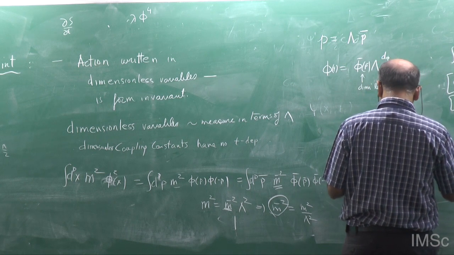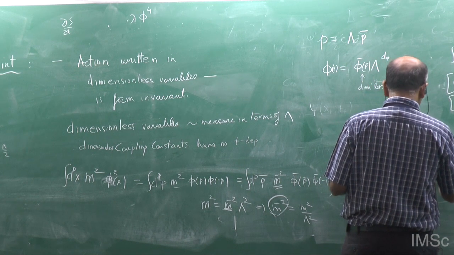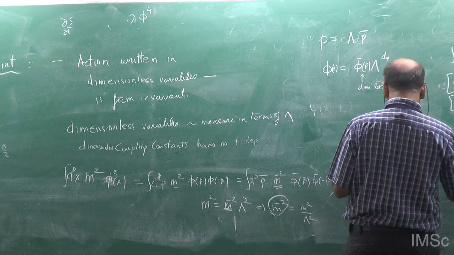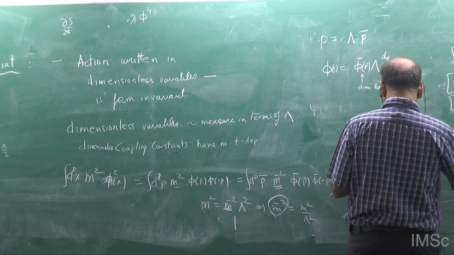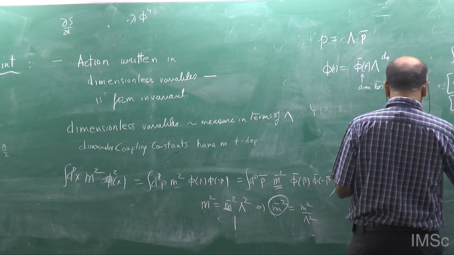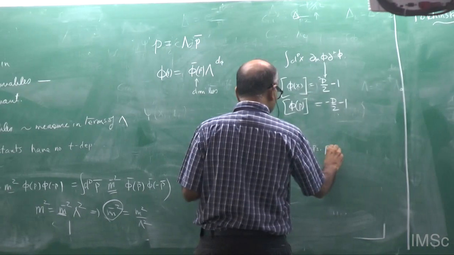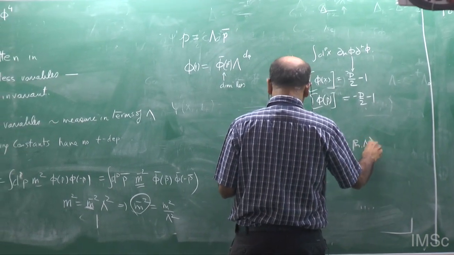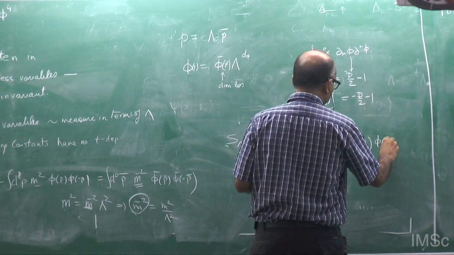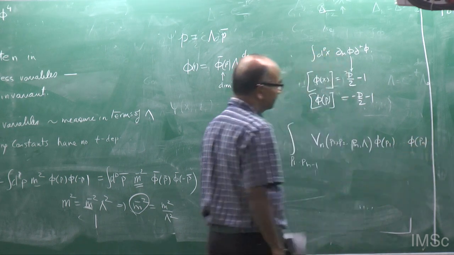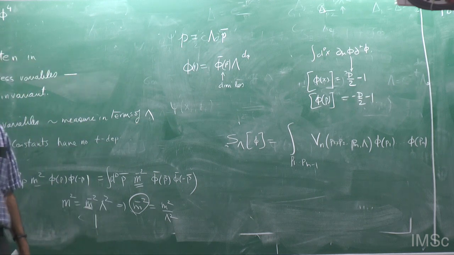So typically a coupling is of this type, P1 to Pn minus 1. That's the typical term in your action.